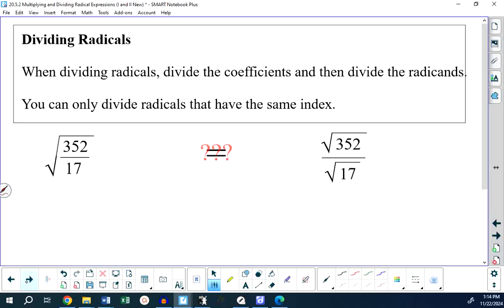Does. And the point I'm trying to convince you of here is if I have root 352 over root 17, I can divide the radicands and take a single root. Not that I want to write answers in decimal form, but it works.